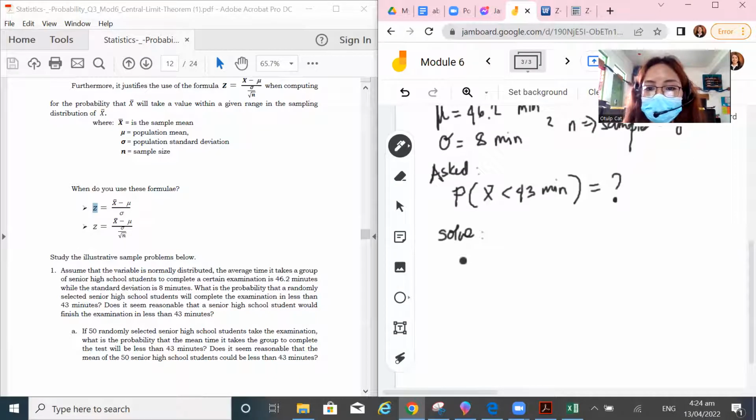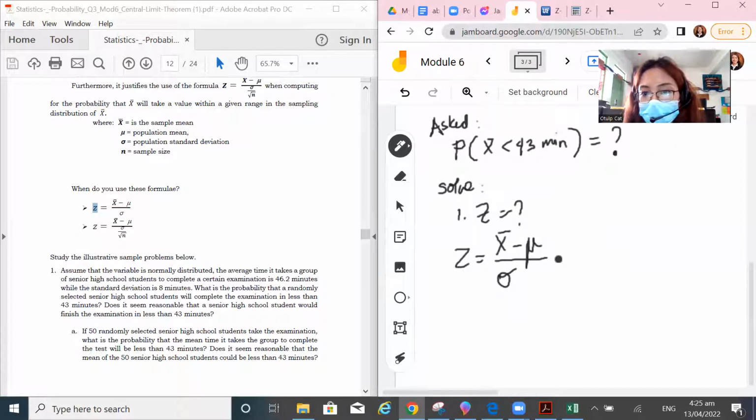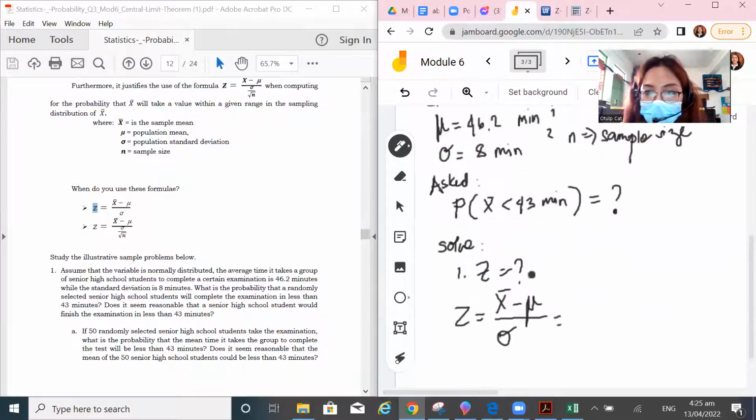Solution. First, we calculate the z-score. The z-score is given by the formula: the sample mean minus the population mean over the standard deviation, as per the first formula. Then we substitute. Since our limiting factor is 43 minutes, we will look for the z in terms of 43 minutes.